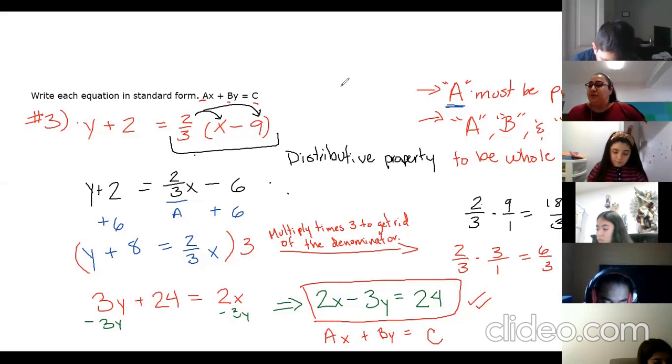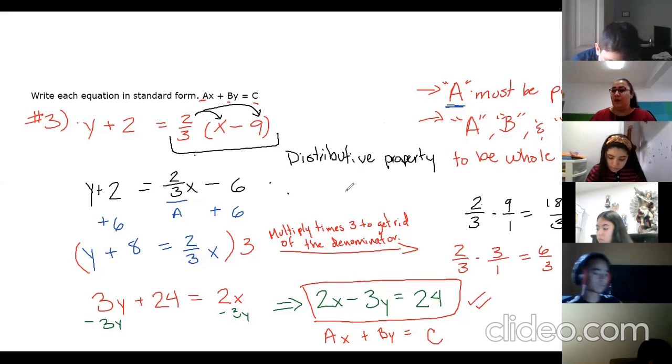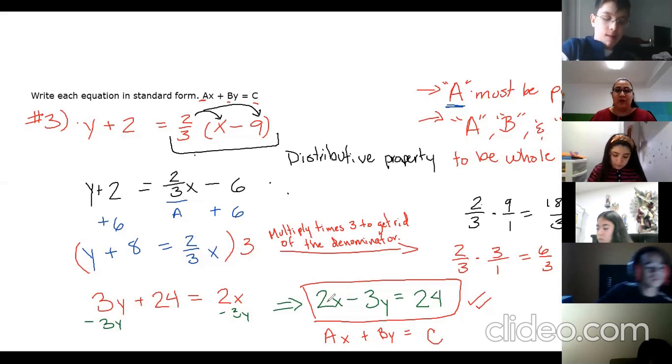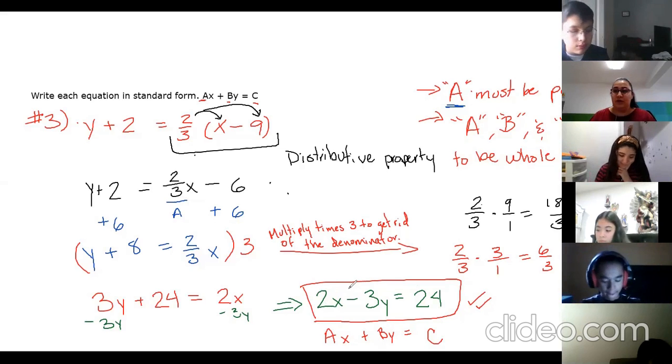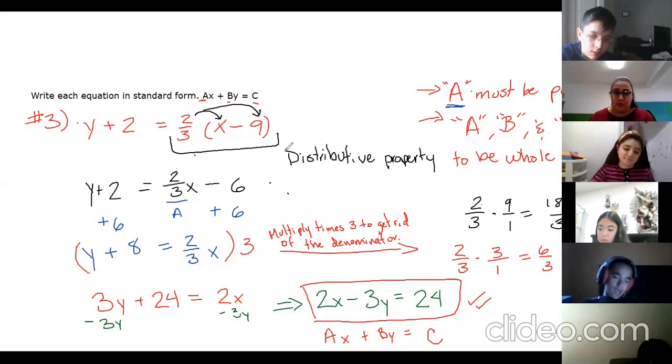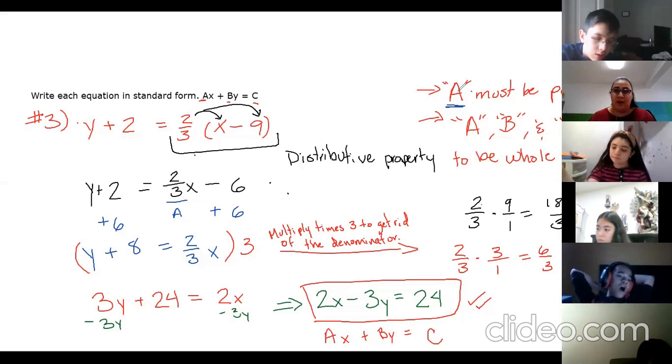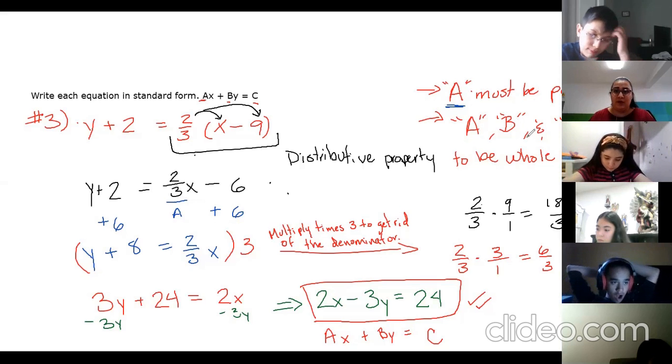Okay, so on numbers 1 through 6, we have to have our answers, remember, in standard form. Just like we did here for number 3, you guys have to distribute, then use your properties of equality, keeping in mind that we want to keep it positive.